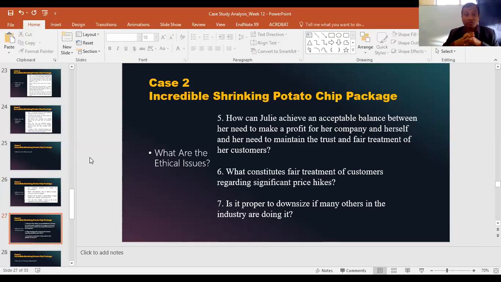The sixth issue could be around what constitutes fair treatment of the customer regarding the significant price hike. Fair treatment of the customer. And the last one: is it proper to downsize if many others in the industry are doing it? The historical data suggests that downsizing is quite normal in the industry.